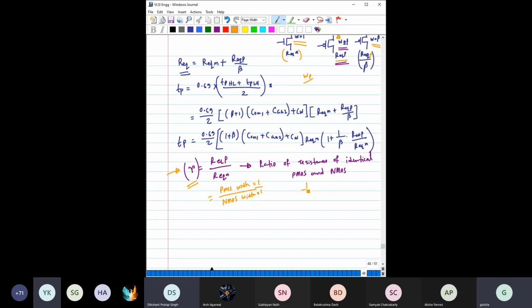Now I am just saying that you make this R times that of this NMOS. Now tell me what is the equivalent resistance of this? We are changing the width. Suppose this resistance is equal to R. Then what would be the resistance of this?